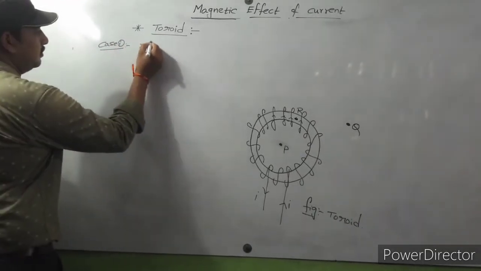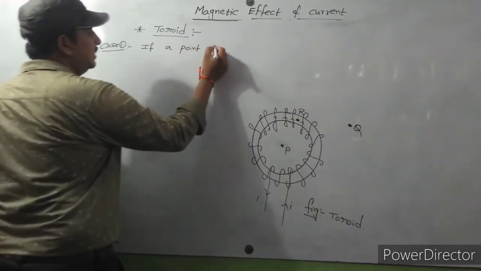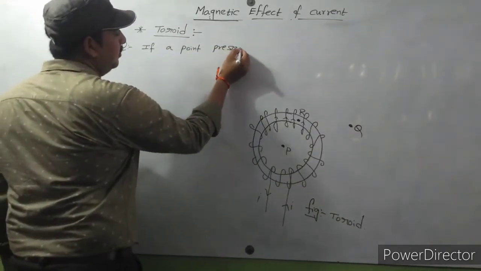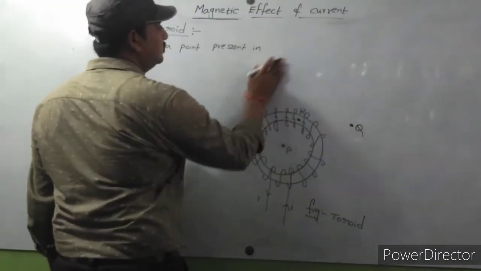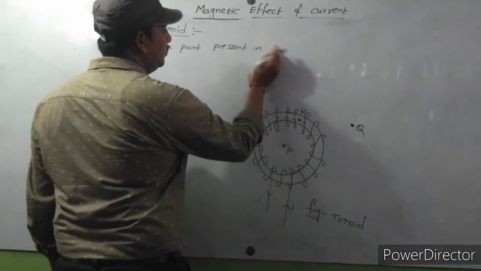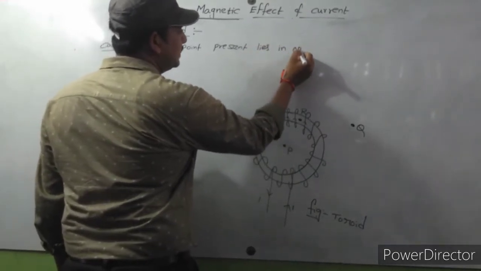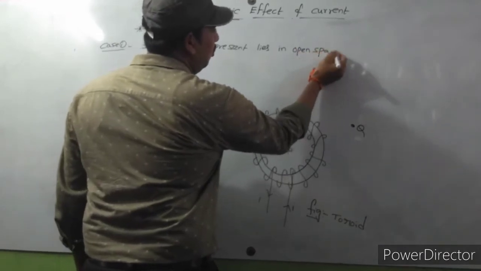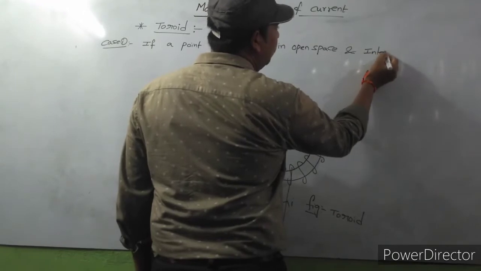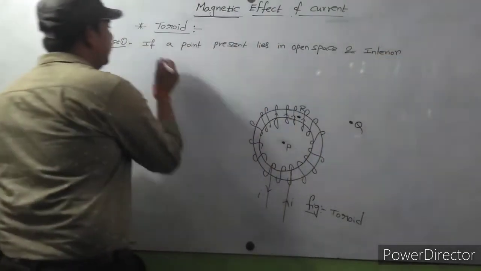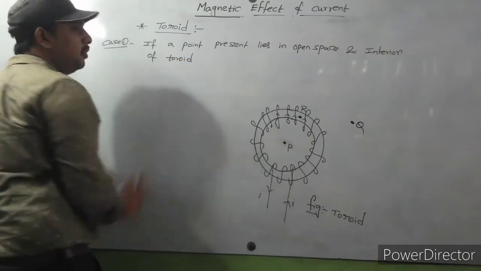If a point lies in the open space and interior of a toroid. Do you get my point?